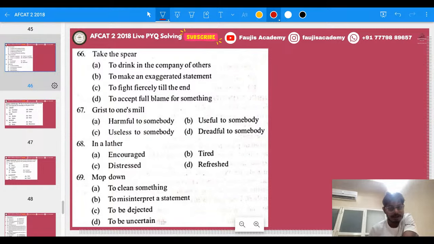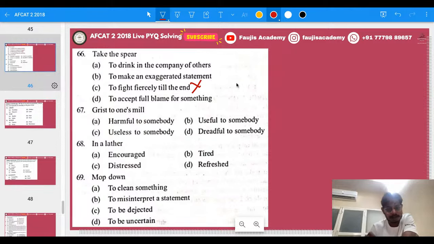So if you are taking the spear, you are fighting to the end. No, the literal meaning is mostly not correct. You will see where the literal meaning is correct. Exaggerated statement, no. To drink in the company of others, that's also no. To take the spear means to accept the blame for something. D is the correct answer.